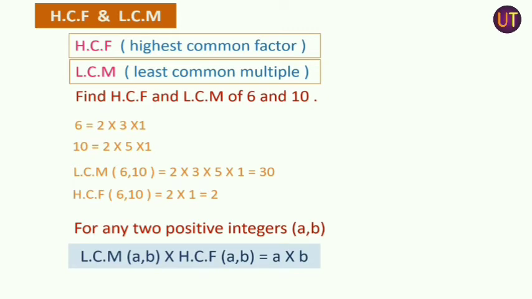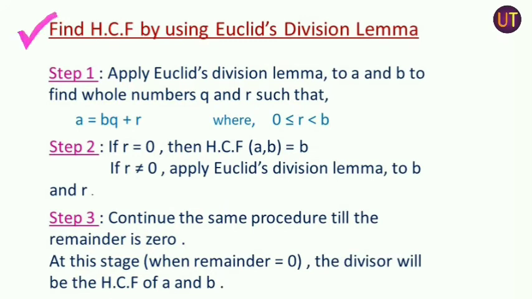Okay. How to find HCF by using Euclid's division lemma? First, we look at the steps. Step 1. Apply Euclid's division lemma to a and b to find whole numbers q and r such that a equals bq plus r, where r is greater than or equal to 0 and less than b. Step 2.